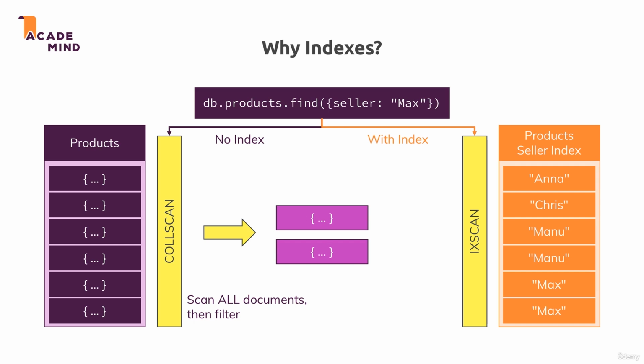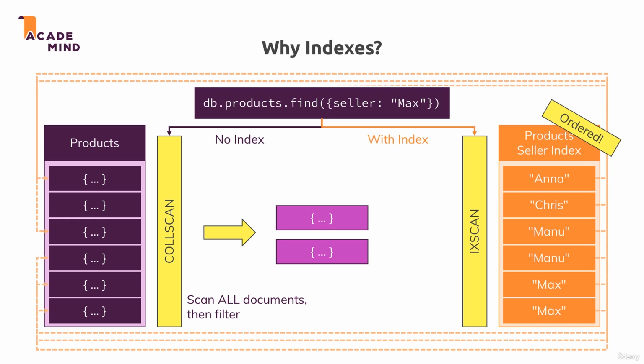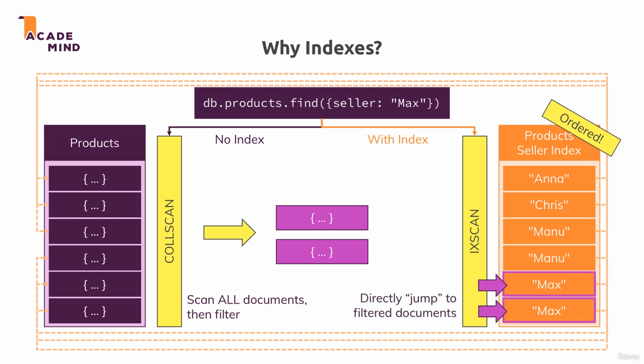So it can very efficiently go through that index and then find the matching products, because of that ordering and because of the pointer every element in this index has. So MongoDB finds the value for this query and then finds the related document and can return this. It's this direct access that MongoDB can use here, and that speeds up your queries.